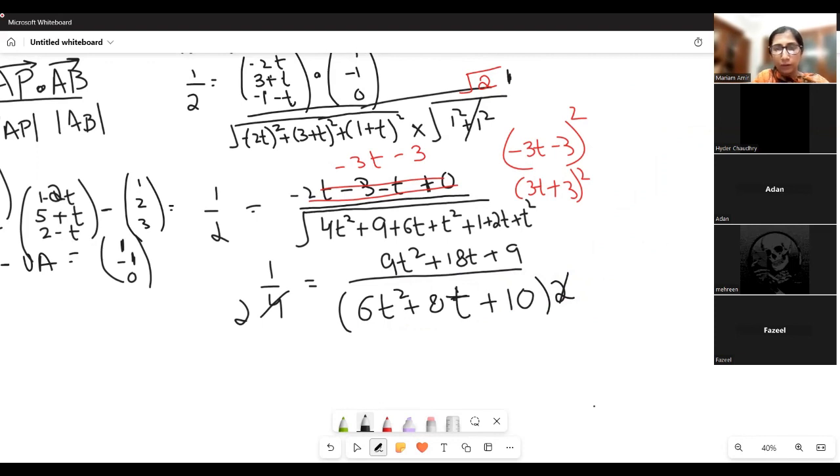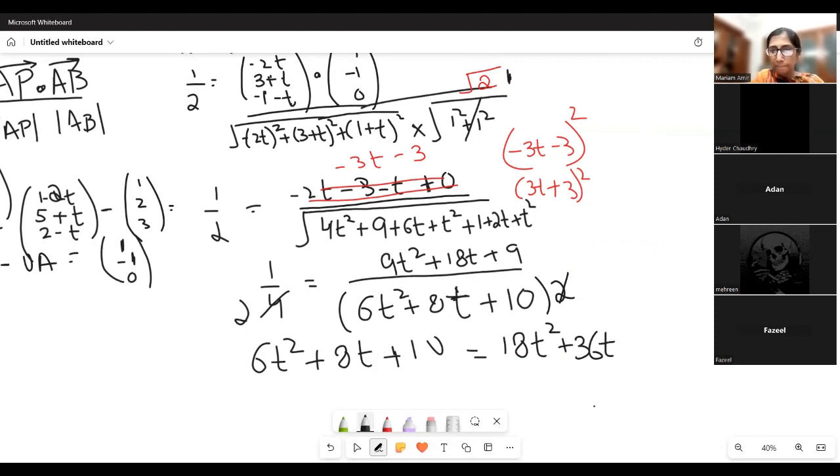Yes ma'am. Okay, so now let's cross multiply. We have 6t square plus 8t plus 10, and then 2 goes to the other side, and that is 18t square plus 18 times 2, which is 36t, plus 18.